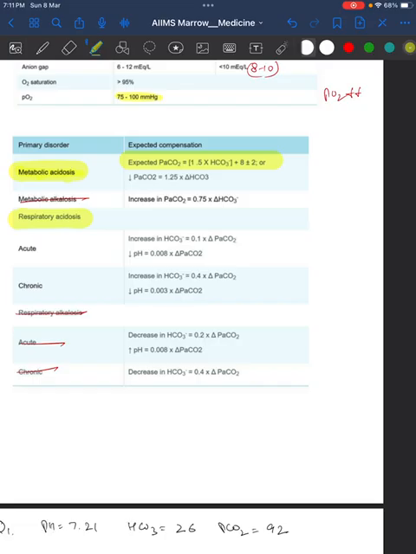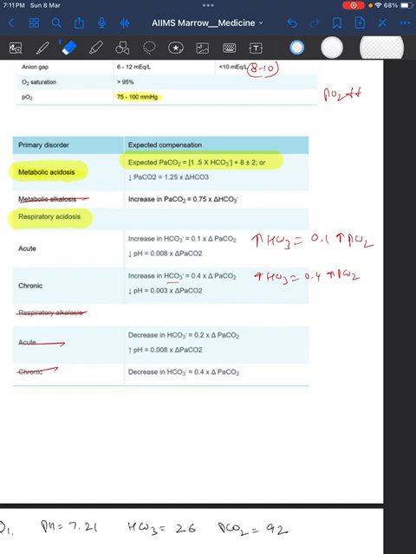For acute respiratory acidosis, the increase in bicarb should be 0.1 times the increase in PCO2. And how to check for the chronic? Increase in bicarb should be 0.4 times the increase in PCO2. So these are the important formulas.